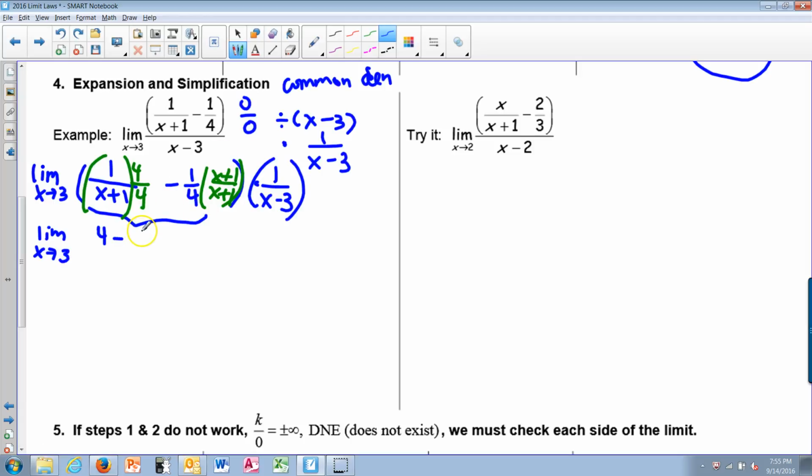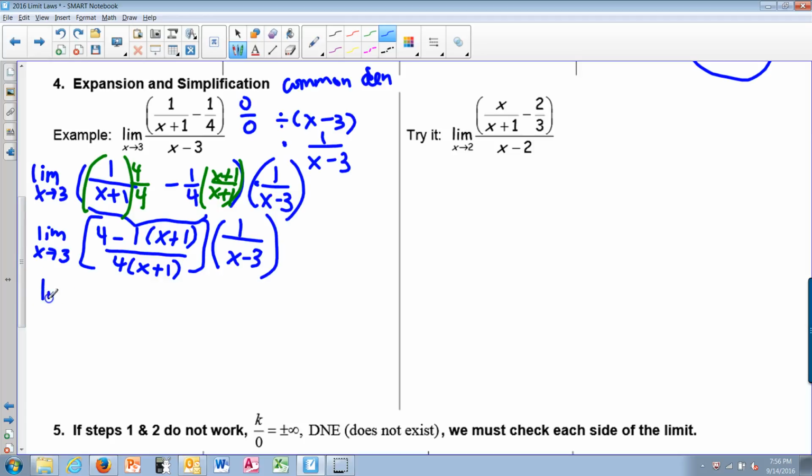So minusing that entire fraction means that technically this minus 1 belongs with both the x and the 1 here. So really I'm distributing that through because we have a common denominator now. So really the minus 1 is going to distribute. So be very careful about that. And I still have to remember my original denominator that I've moved out to the side.